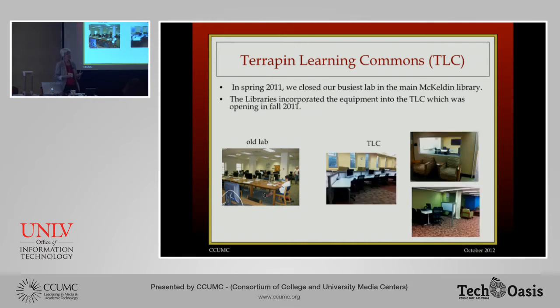What we did was we worked with the libraries, and they incorporated the computers that we had had in our lab into the new Terrapin Learning Commons, so that it's not that there was a reduction in the overall number of machines available to students in the libraries, but we didn't have to be responsible for them anymore because the libraries already had a lot of their own machines and were moving ours into a group with theirs. So it was more efficient for them to take care of them than for us to continue to try to take care of them in that environment.